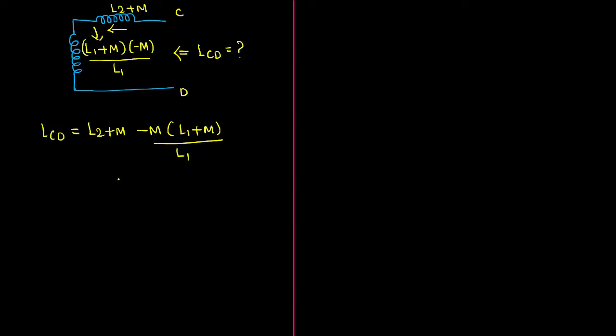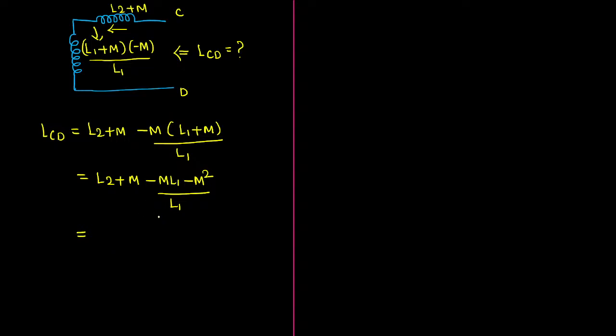So I hope you all have understood what I am trying to conclude here. Now let us open up the brackets and try to reduce the circuit. L2 plus M minus M into L1 minus M into M will become M square upon L1. So again, we can further simplify this network.